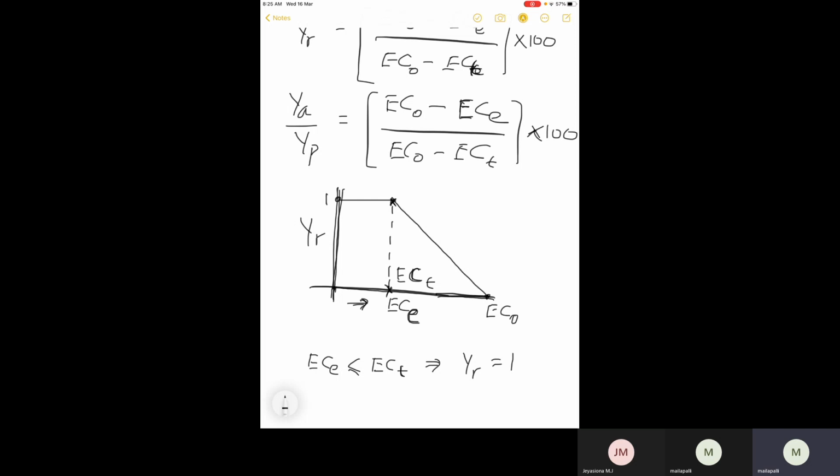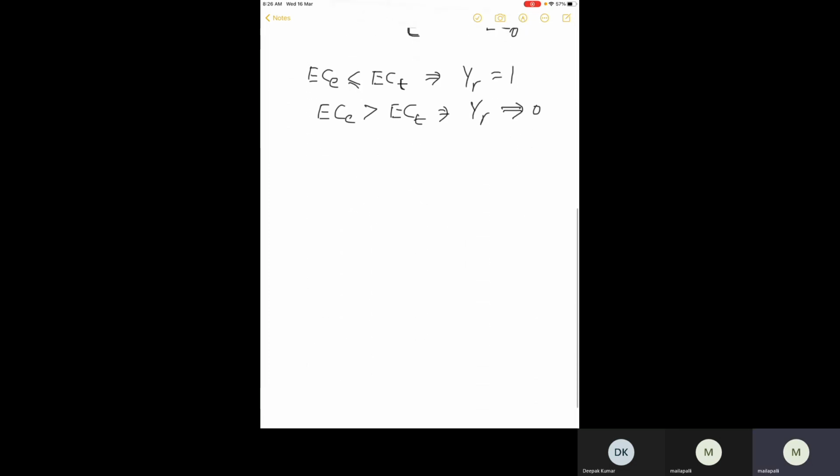That's clearly seen from this equation: if you substitute ECT for ECE in the numerator, you get 1. And this equation is only valid if ECE is greater than ECT. If ECE is greater than EC0, then YR is going to be 0.